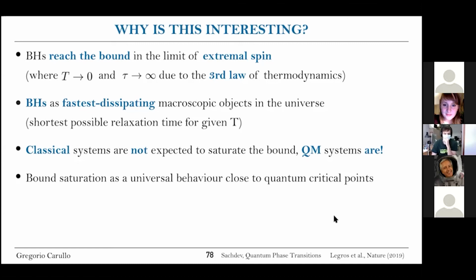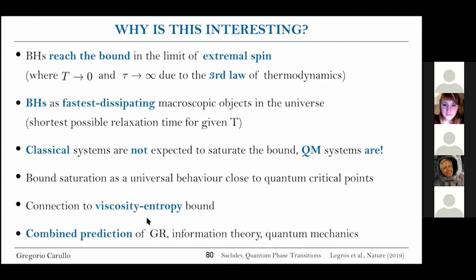So, the connection between these gravitational systems and strongly interacting condensed matter systems, essentially. There's also a connection to the viscosity-entropy bound, which is a similar bound that you find in high energy physics.